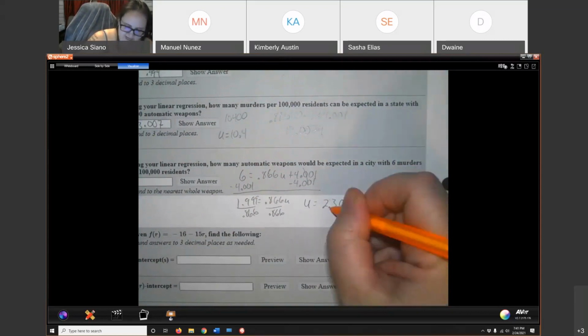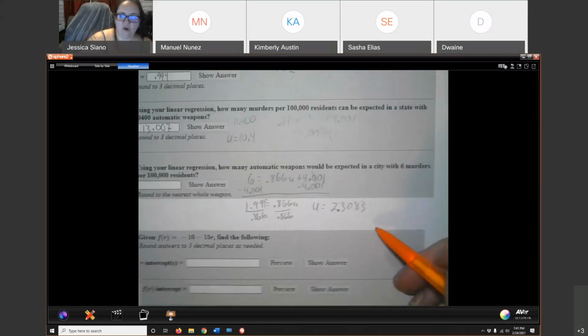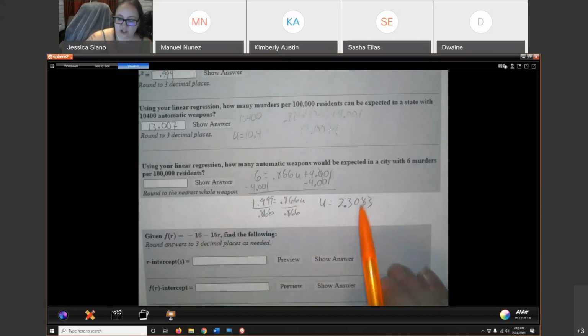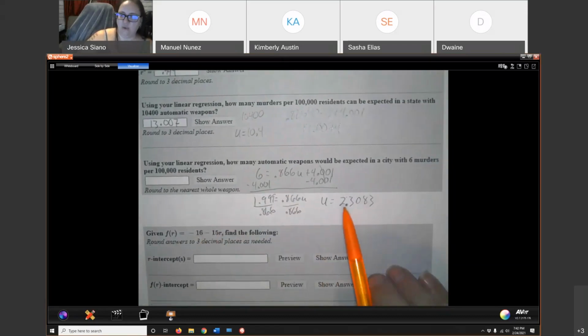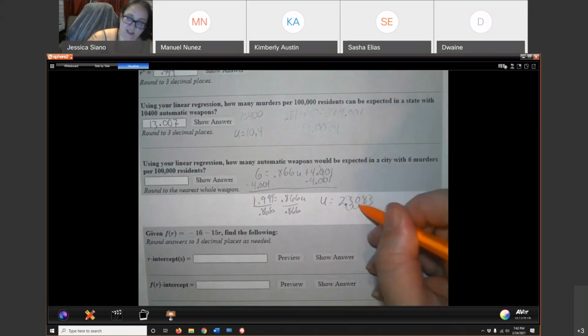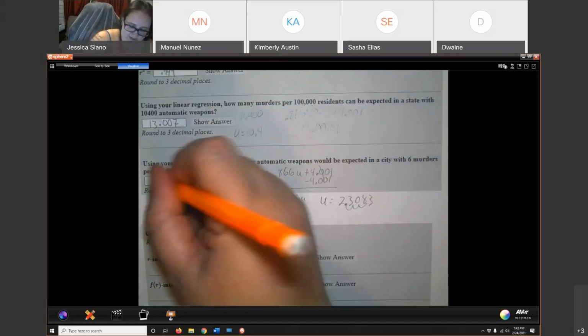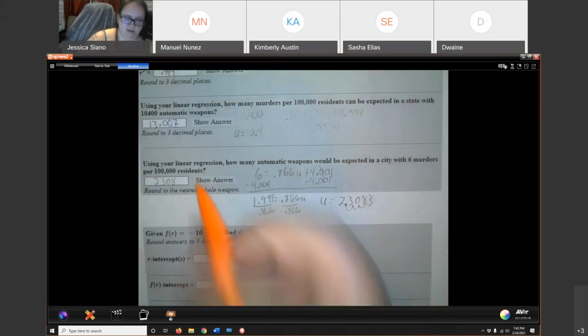Okay, but just like in the question above, they're asking me for actual weapons, and this is in terms of thousands. So this is 2.308 thousand, which means that if I was to turn this into thousands, it would be 2308.